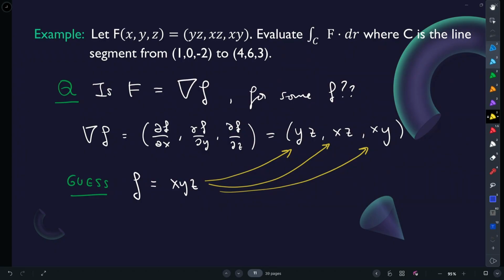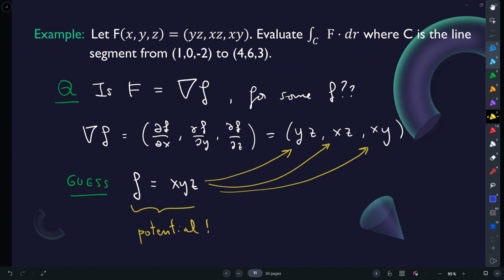So that is what we call a potential function. Okay? So this is the potential for that vector field, the function whose gradient is the vector field. So this is called a potential. So it is a conservative vector field.